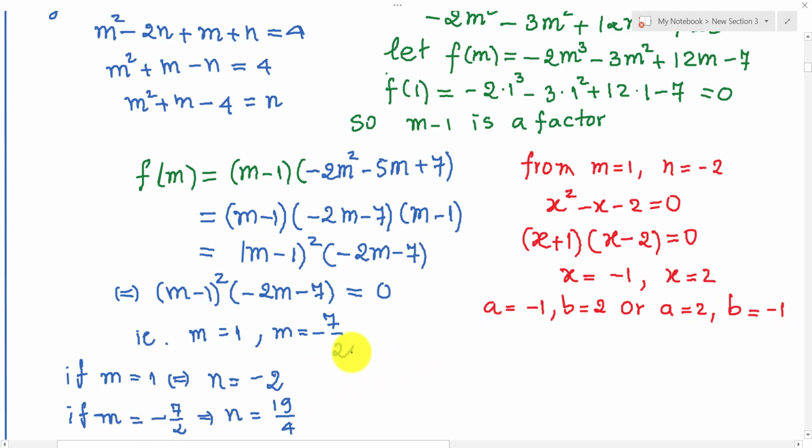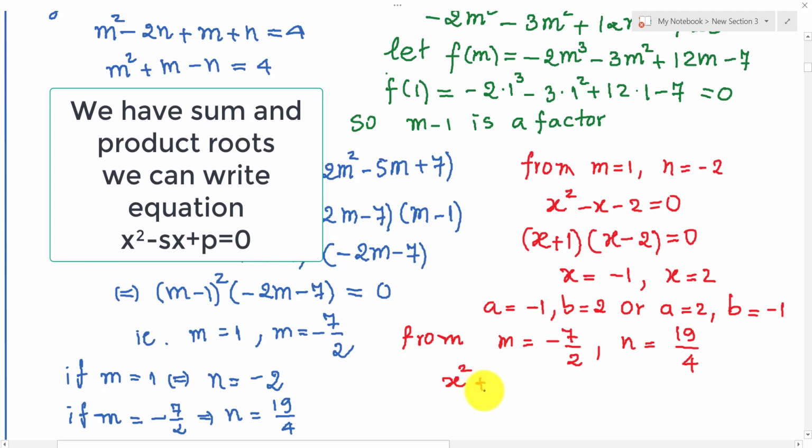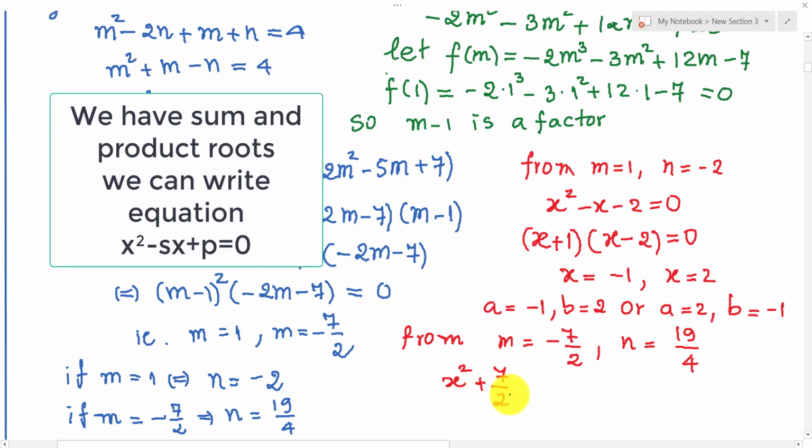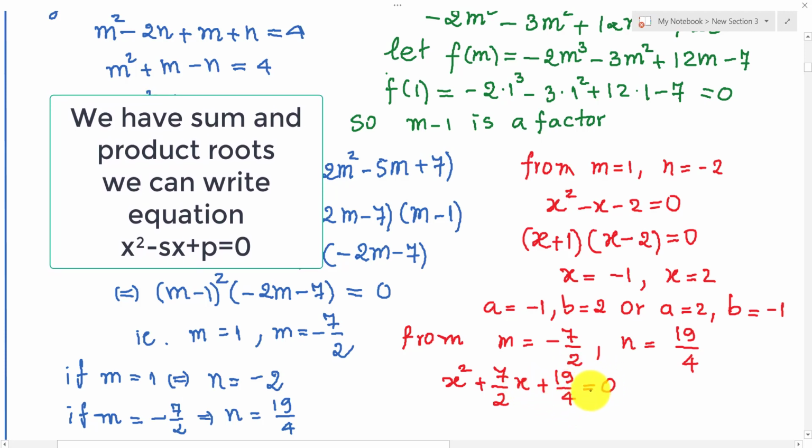Okay, from this, from m equals minus 7 over 2 and n equals 19 over 4, we get h squares plus 7 over 2 h, and plus 19 over 4 equals 0.